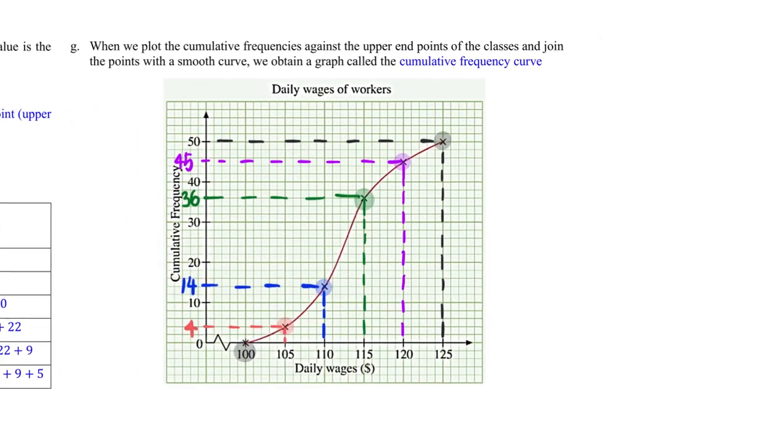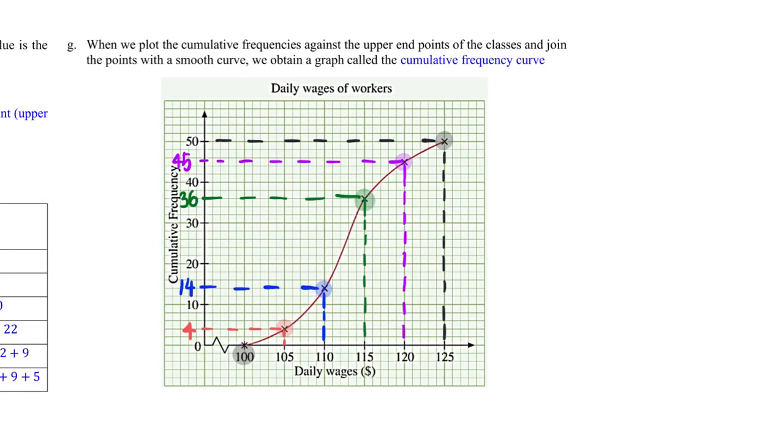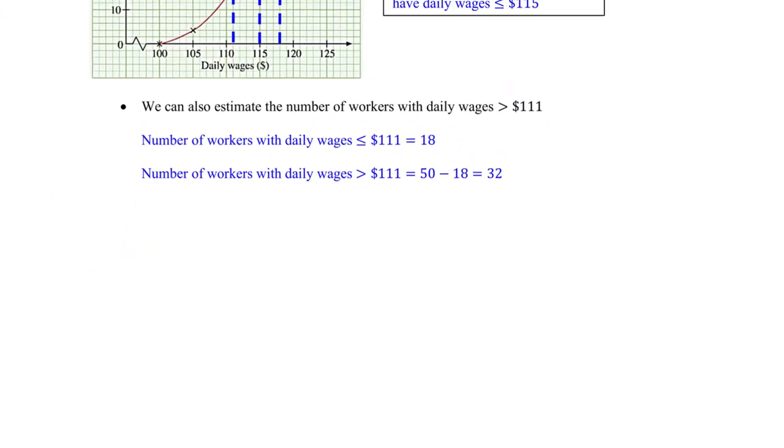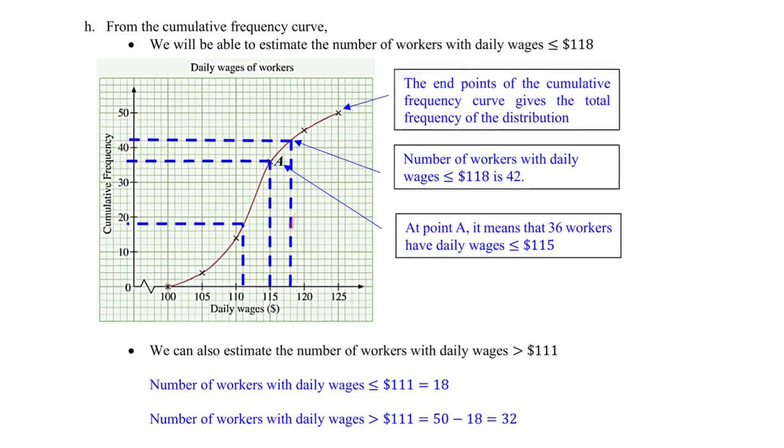So now we are at this cumulative frequency graph. Then we can find a good estimate of any data point for any wage. What do I mean by that? So let's move on. I'm going to show you the kind of questions we can estimate.